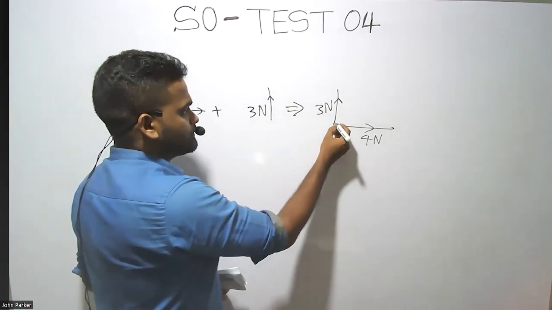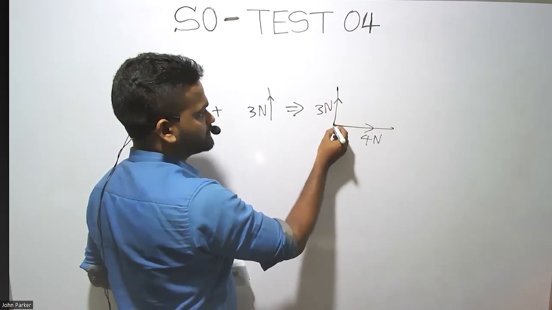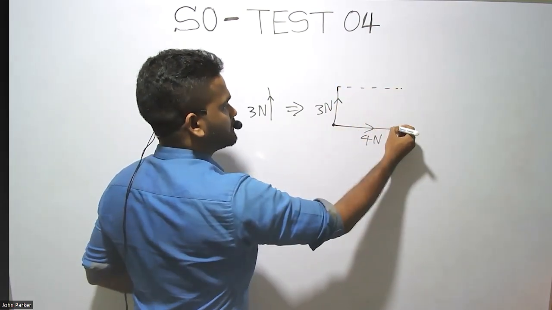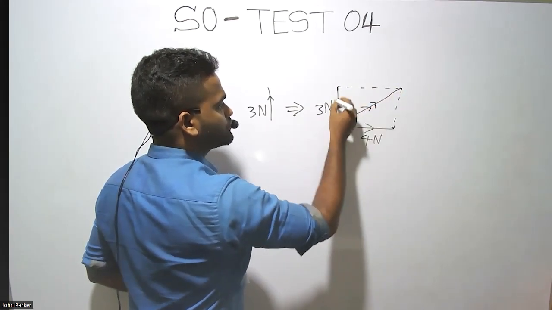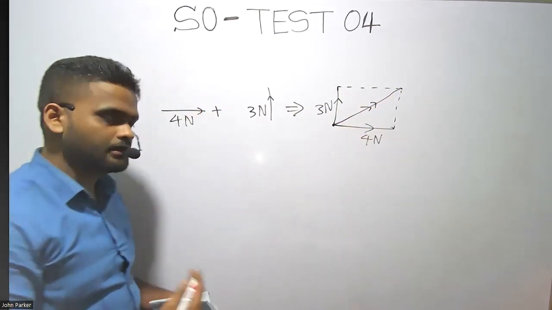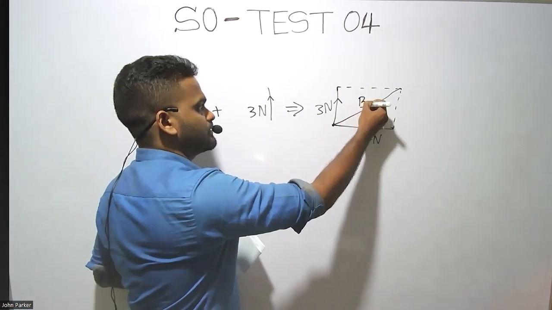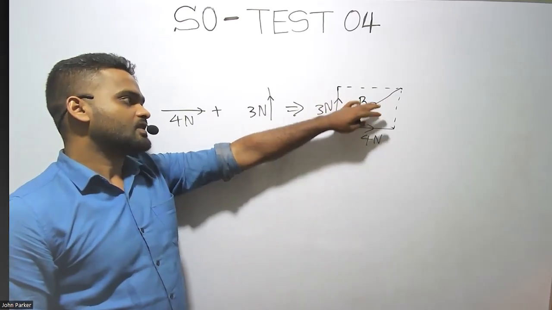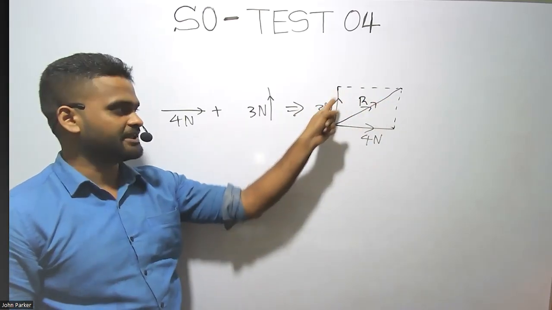So to make the parallelogram, when you draw two vectors starting from one point and complete the parallelogram, the diagonal that goes through that point gives us the resultant. Actually, this parallelogram becomes a rectangle because these are perpendicular to each other.